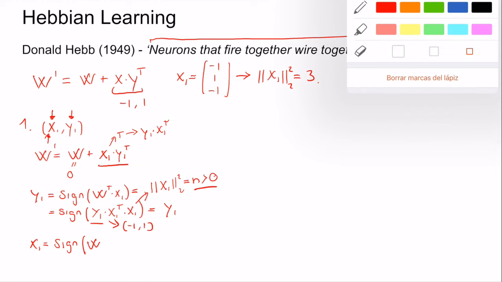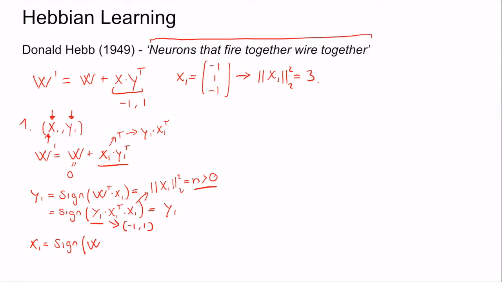Now we have again x1 times y1 transpose times y1, and this is the 2 norm of y1, which, if y has m elements, is equal to m, and also it's positive, so it won't change the sign.